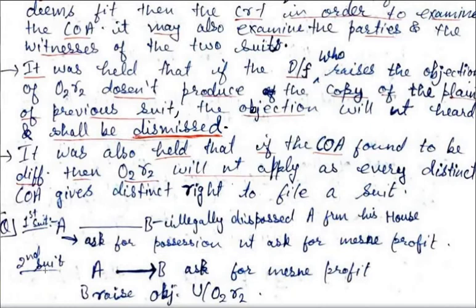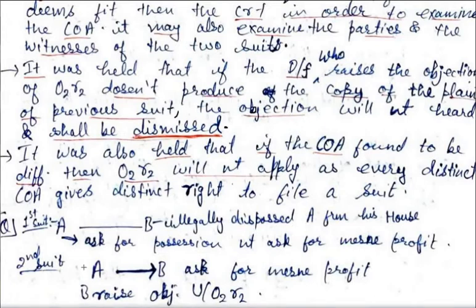It appears that these 2 are 2 reliefs of the same cause of action, but as per Order 2 Rule 4, these 2 happen to be 2 distinct causes of action, and therefore Order 2 Rule 2 will not apply.